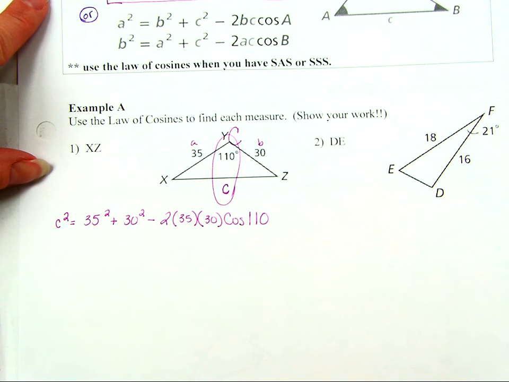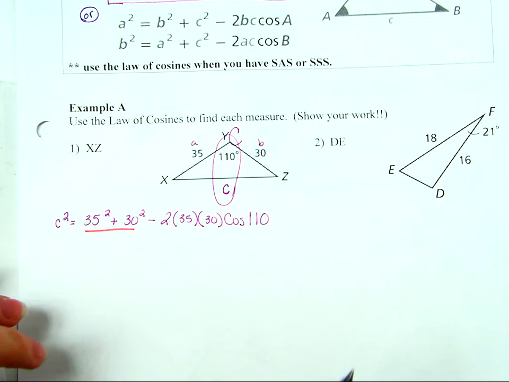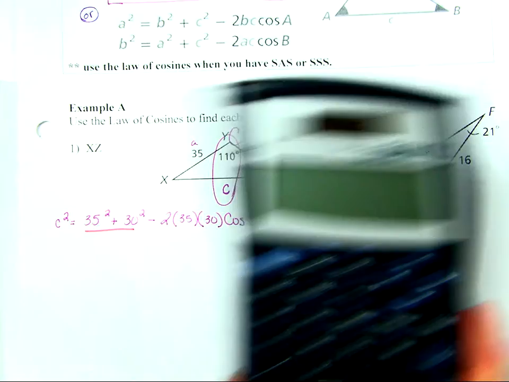We are going to want to follow the order of operations. And so order of operations would tell me to do my exponents first. This is typically how I tell my kids, if you don't want to write every single thing down, what I'd like you to do is to break it down and take 35 squared plus 30 squared.